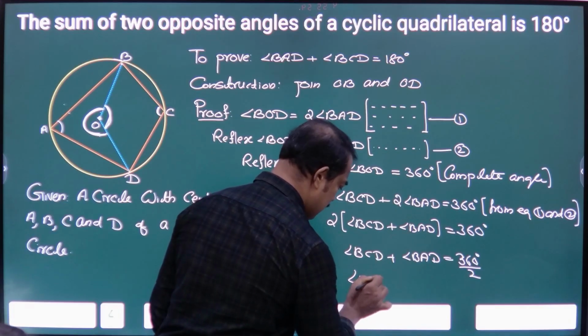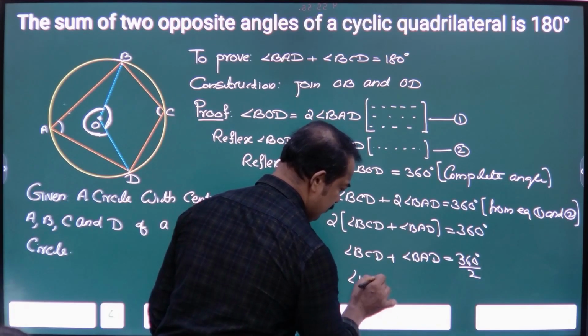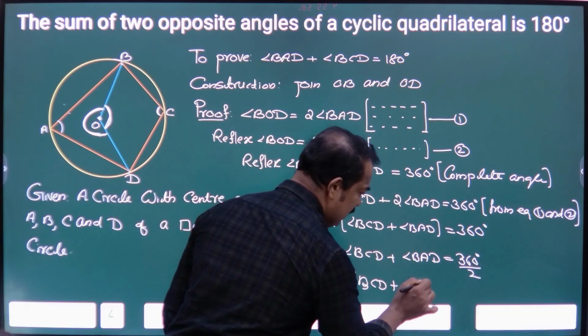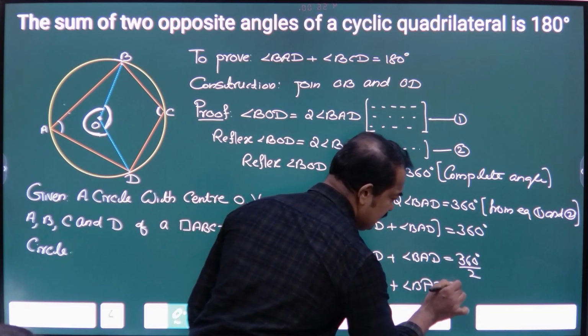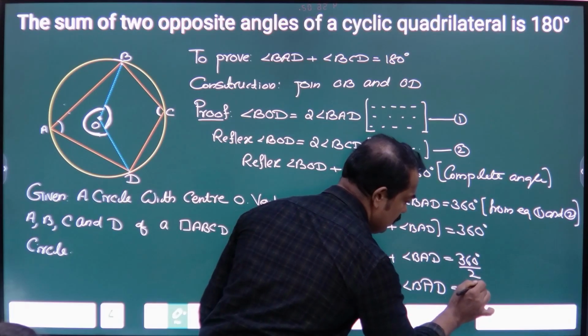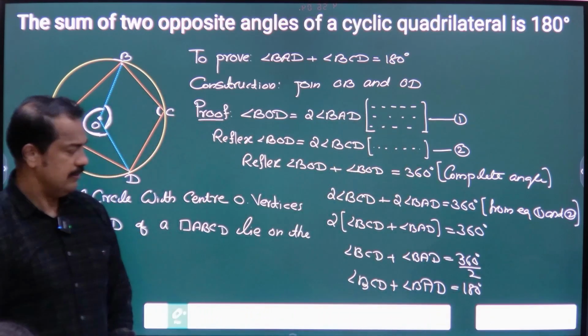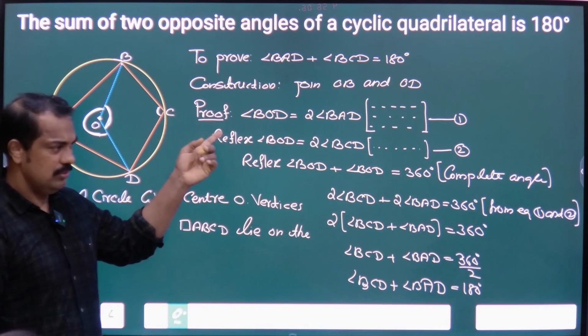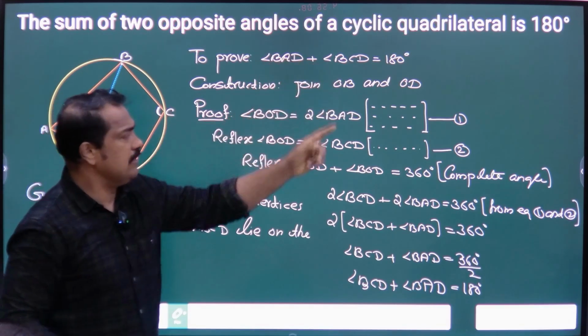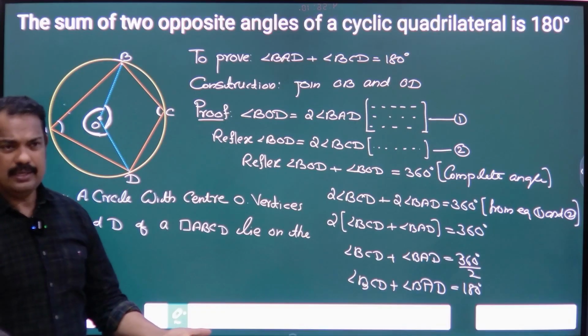So angle BCD plus angle BAD is equal to 180 degree. Hence proved. ये prove करना आपको. Angle BAD plus angle BCD is equal to 180 degree.